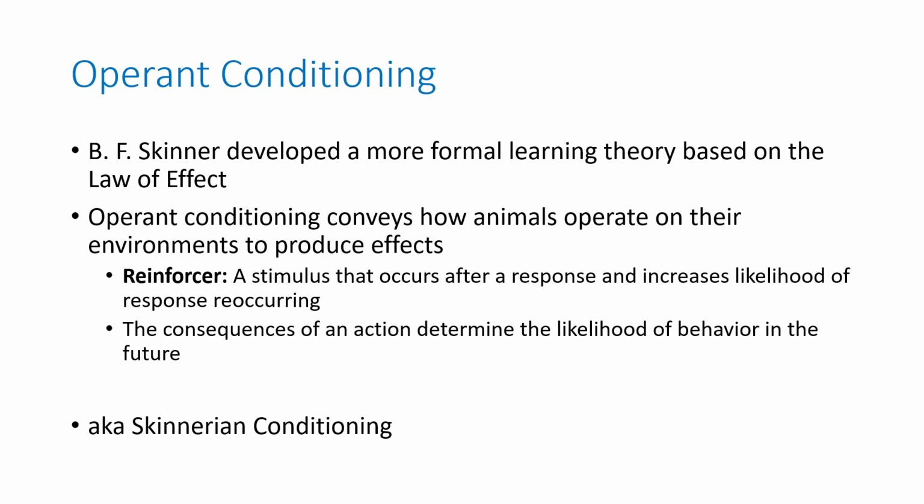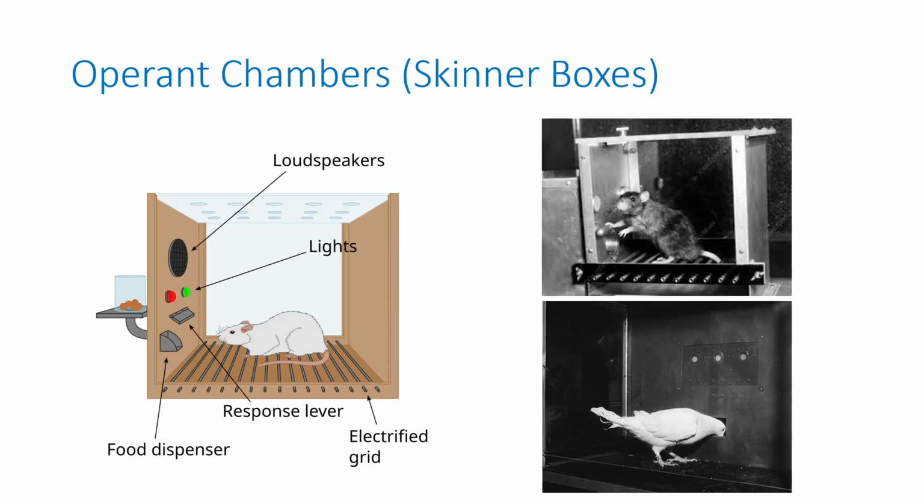In this we have reinforcers. A reinforcer is a stimulus that occurs after the response and increases the likelihood of that response occurring. The consequences of an action then determine the likelihood of that behavior in the future. Operant conditioning is also sometimes called Skinnerian conditioning.